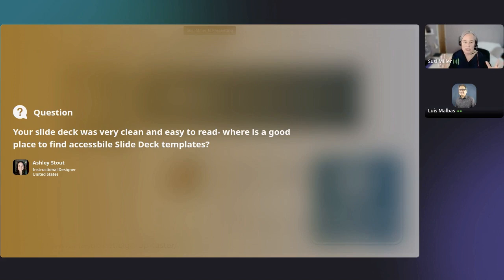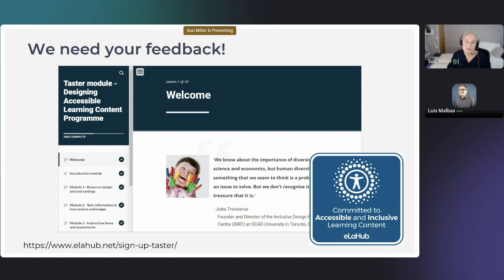I use the template as a starting point, take the design elements, which isn't really my field, and then apply accessibility and inclusivity: making sure the colors, the language, and the imagery that I'm using are accessible and inclusive. So I think they're a good starting point.